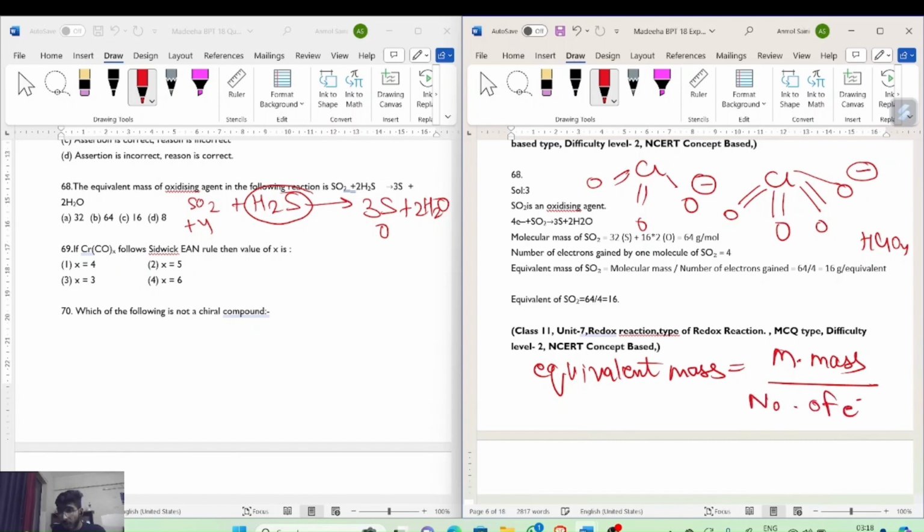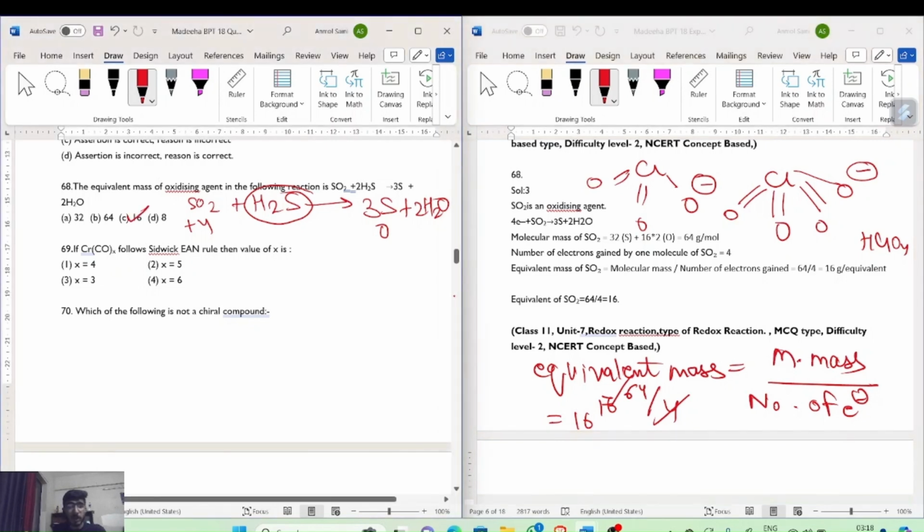The molecular mass of SO2 is 32 plus 32, that is 64, and the change in oxidation state is from +4 to 0, meaning 4 electrons are involved. So the correct answer will be 16, because 64 divided by 4 is 16. The correct answer is C.